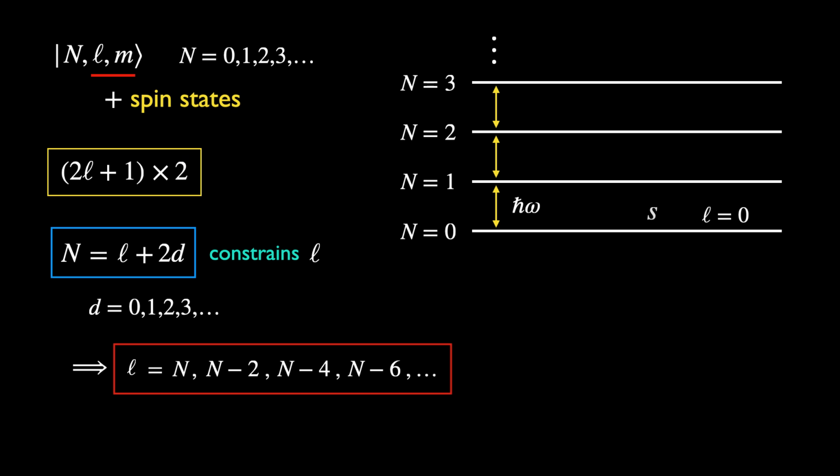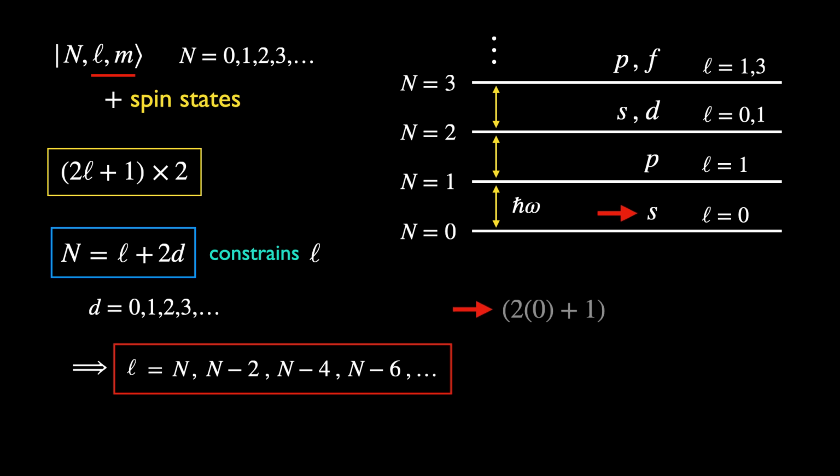Let's fill in the orbitals for each level. Starting with n equals 0. This allows only L equals 0, which is the s orbital and corresponds to two states. For n equals 1, for n equals 2, this time we have two possible values for L, s and d.